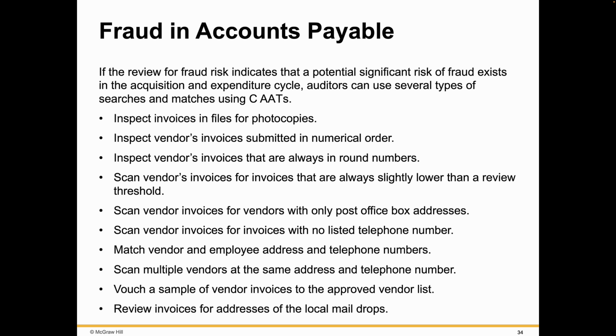We can scan those invoices to see if there was a lower than a review threshold. We can also look to make sure there's no PO boxes, or that the invoices do have phone numbers and that those addresses and phone numbers match what we have in the vendor master file. We could also vouch a sample of vendor invoices to the approved vendor list.